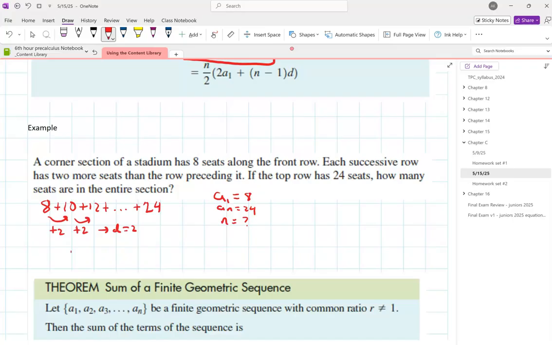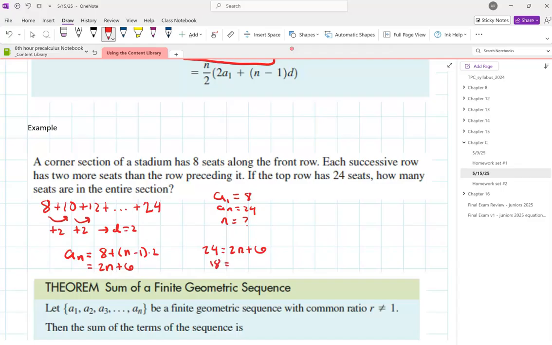Rather, what I'm going to do is write the formula for this arithmetic sequence, which is the first term plus n minus 1 times d. Then if I plug 24 in for a sub n, I can solve for n.